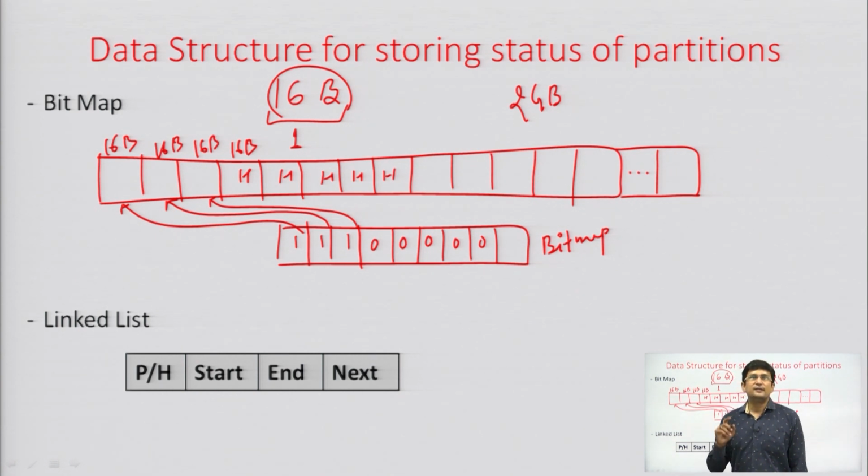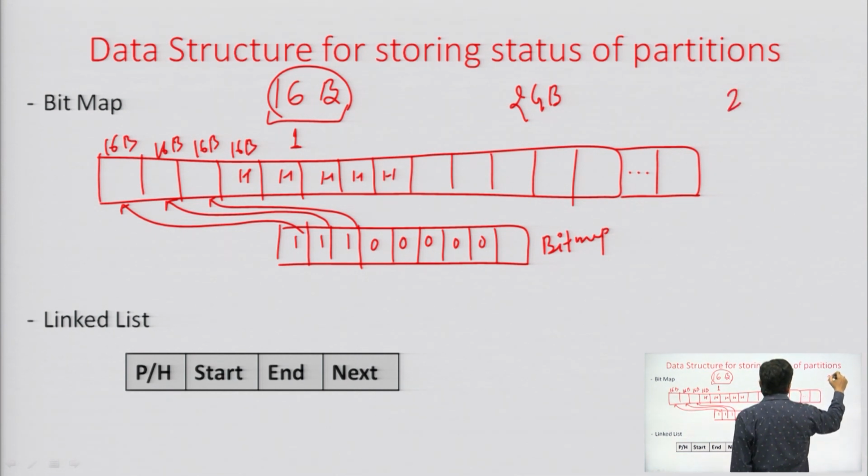Since the status of every 16 bytes is stored in the bitmap, let us find out how many such blocks there will be. We have 2 GB of memory, which can be represented as 2 into 2 raised to the power 10 MB, into 2 raised to the power 10 KB, and into 2 raised to the power 10 bytes.